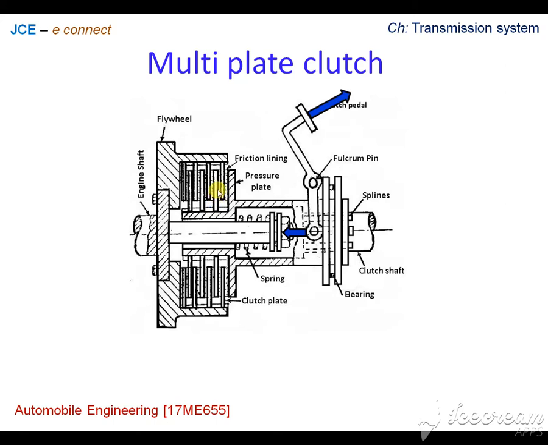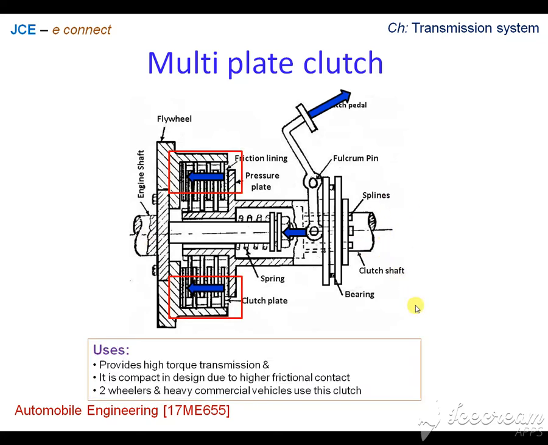Because of that, we see the clutch plates in turn getting in contact with the separators, and thereby the entire unit of the pressure plate becomes one with the flywheel assembly. And due to this, there is torque, or power, which is now transmitted from the engine shaft to the transmission shaft.